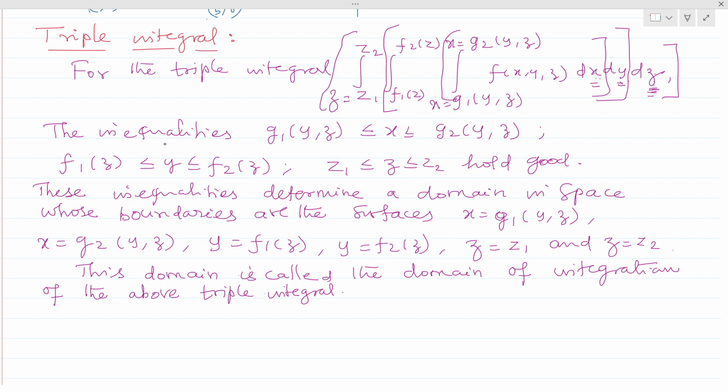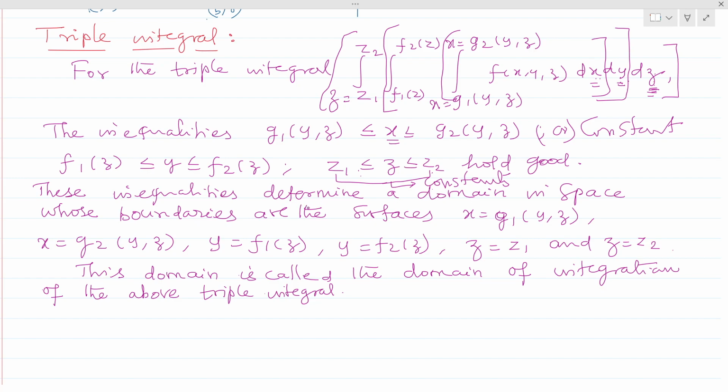Is it clear? So the inequality is g1 of y comma z less than or equal to x less than or equal to g2 of y comma z, or constants. And then y lies between f1 of z and f2 of z, which may be functions of z or constants. But z1 less than or equal to z less than or equal to z2, where z1 and z2 are constants.